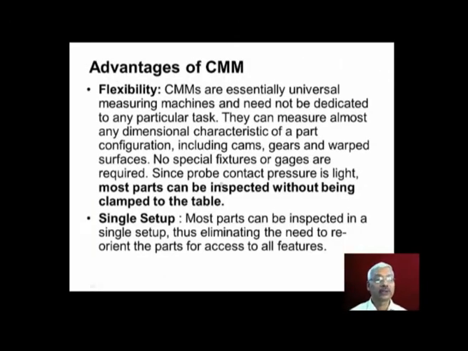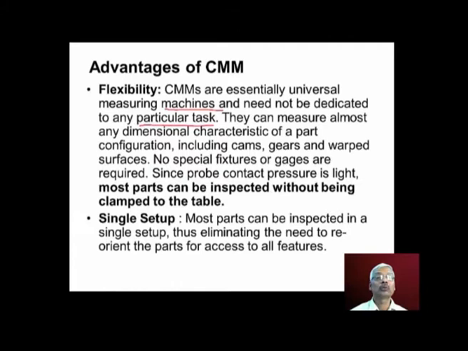Now let us study what are the advantages of coordinate measuring machines. The very first advantage is flexibility. Coordinate measuring machines are essentially universal measuring machines, and they need not be dedicated to any particular task.